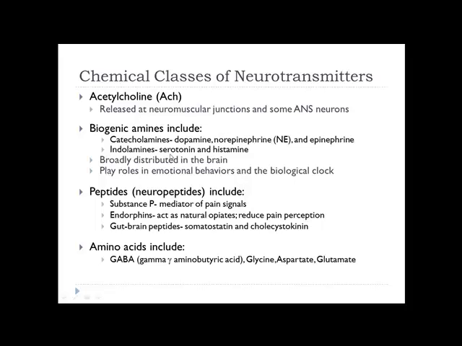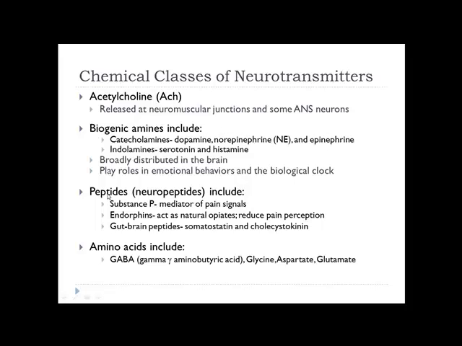We get our biogenic amines, alright? Those will be our catecholamines and indolamines. When I think of catecholamines, I'm always thinking epinephrine and norepinephrine. These guys are going to help with our sympathetic nervous system.